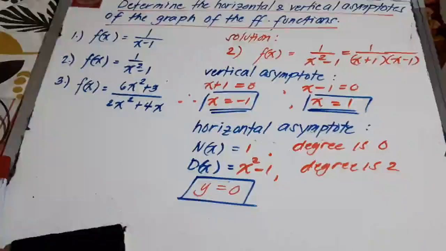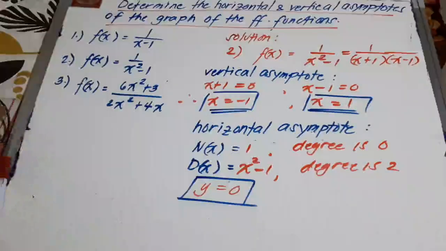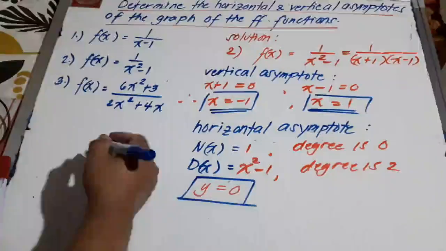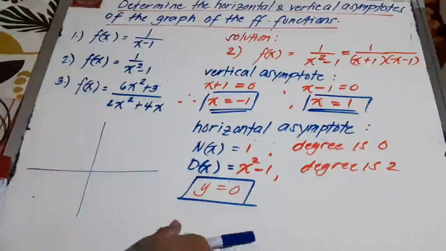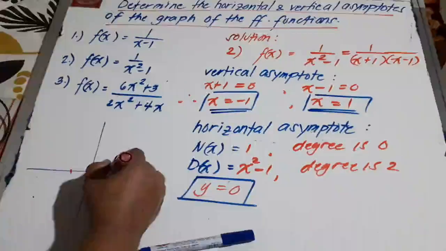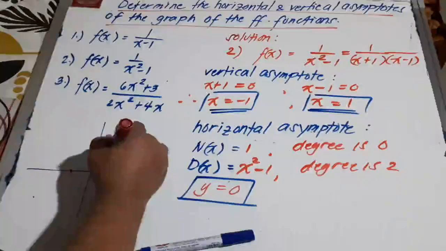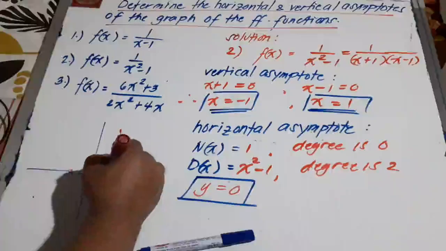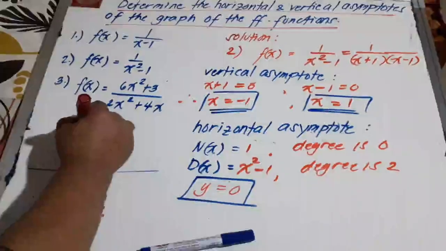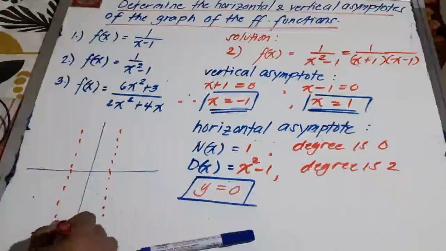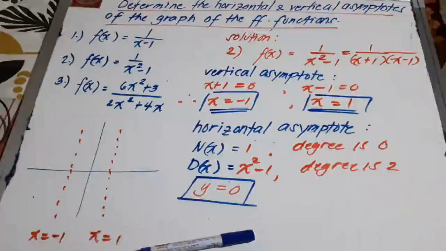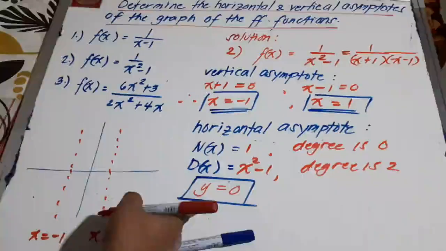And to give you an idea about the graph of this rational function number 2, ganito ang graph niya. So, meron tayo dito ang vertical asymptotes, negative 1 and positive 1. Hindi siya dadaan dito. Okay, x equals negative 1, x equals 1, while the horizontal asymptote is y equals 0.